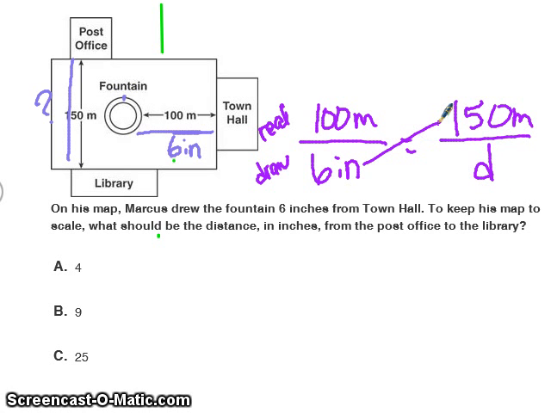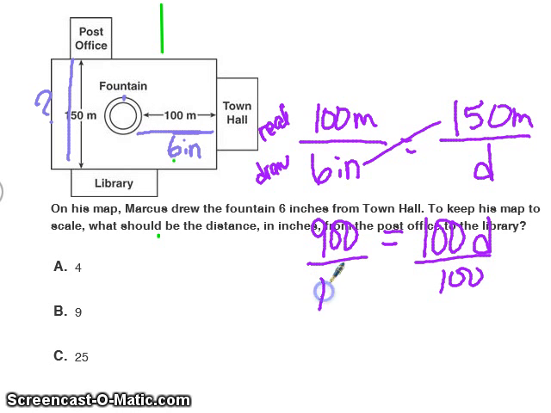So 6 times 150 is 900, and 100 D is what I get there. Divide both sides by 100, and you get 9 is equal to D, the distance on the drawing, should be 9 inches.